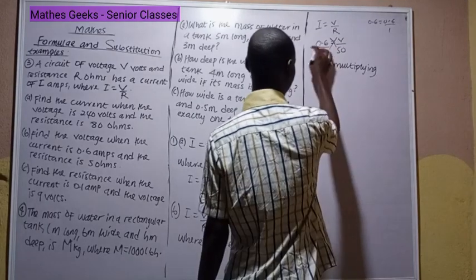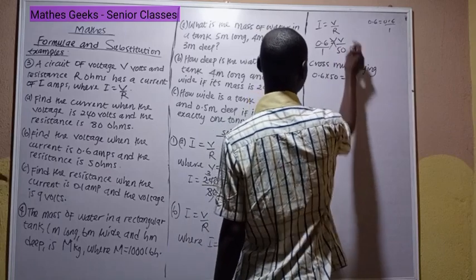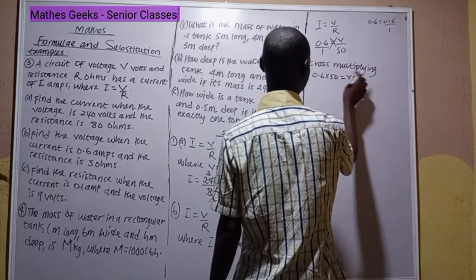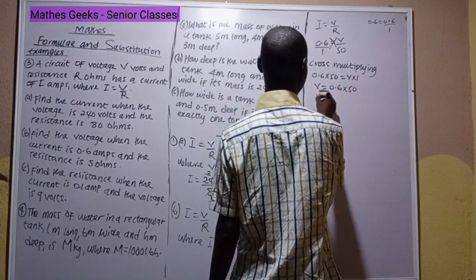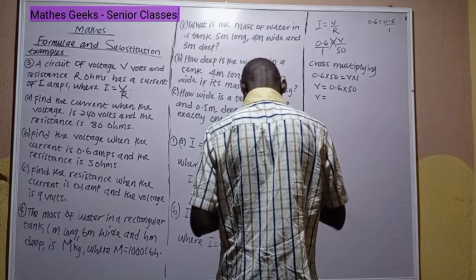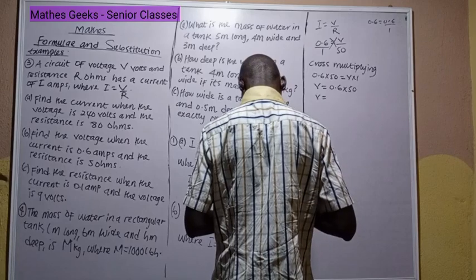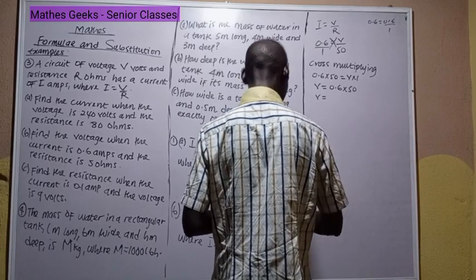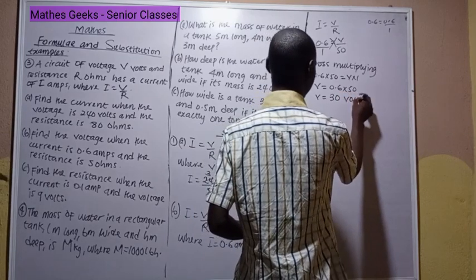Cross multiply: 0.6 times 50 equals 1 times V. V times 1 is V. So V is 0.6 times 50. V is equal to 30 volts.